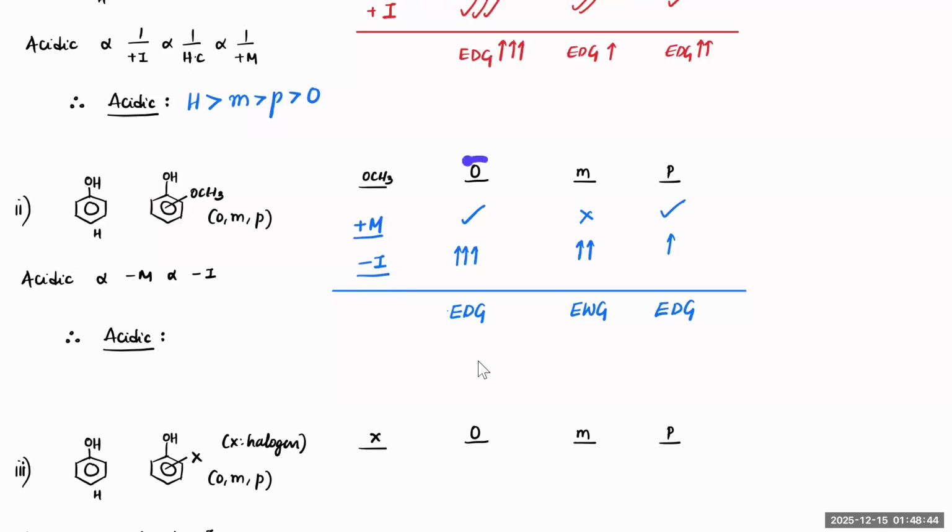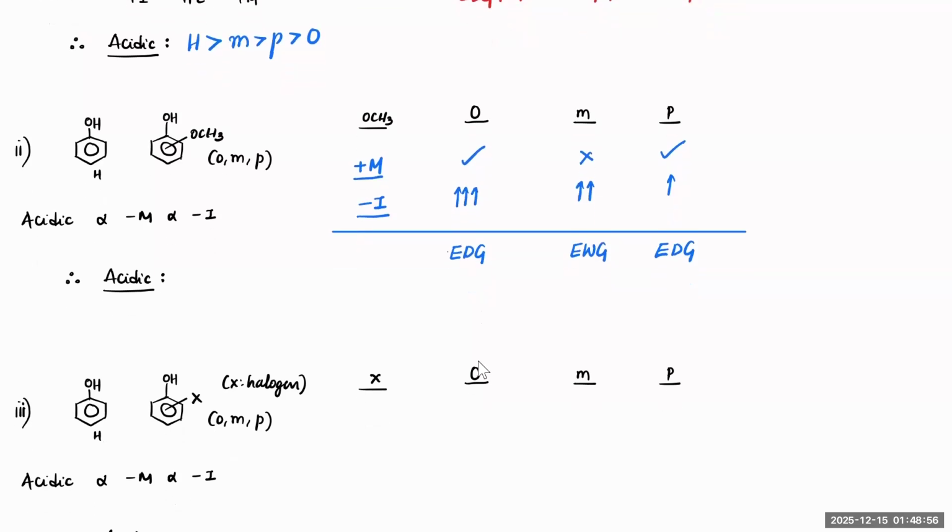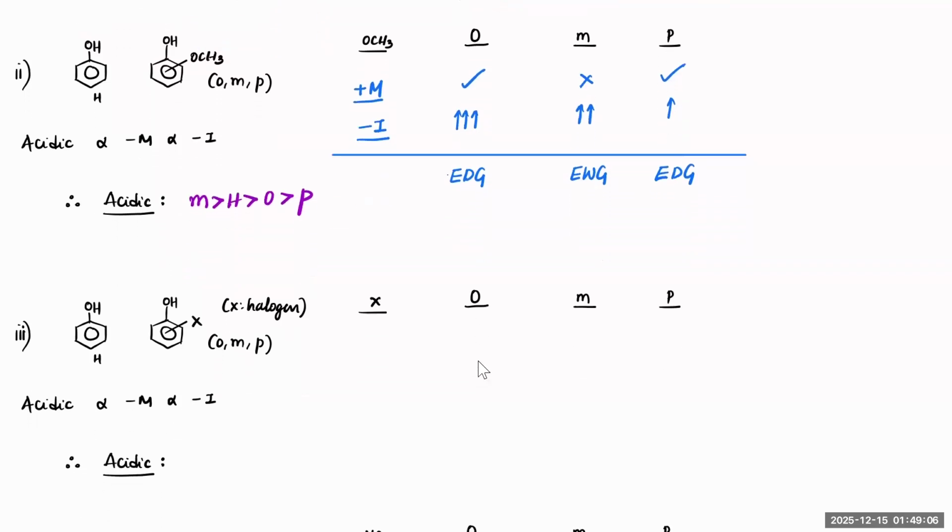And that's the only difference you can identify between ortho and para. Between ortho and para, definitely ortho has to be more acidic. Putting that into the picture, meta is the only one which is withdrawing, so that will be more acidic than H. Then between ortho and para, we find that ortho is greater than para. I guess this logic is clear.